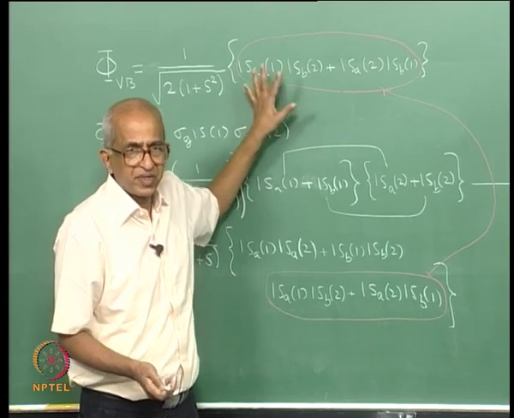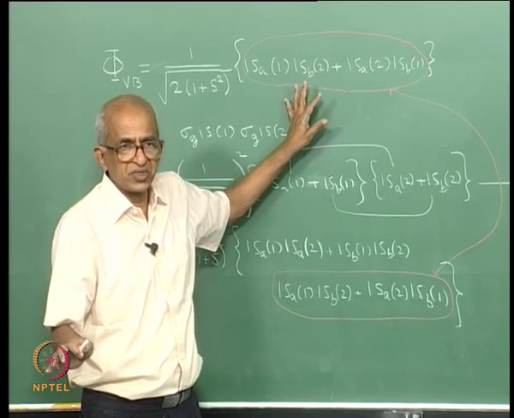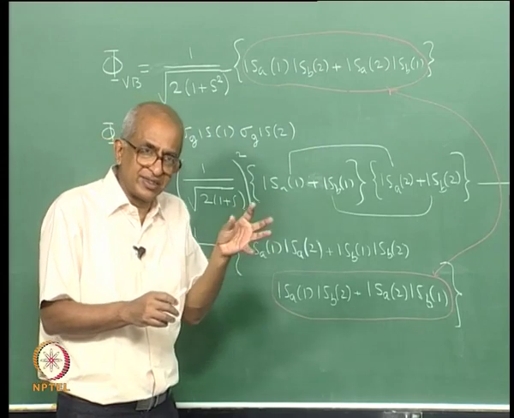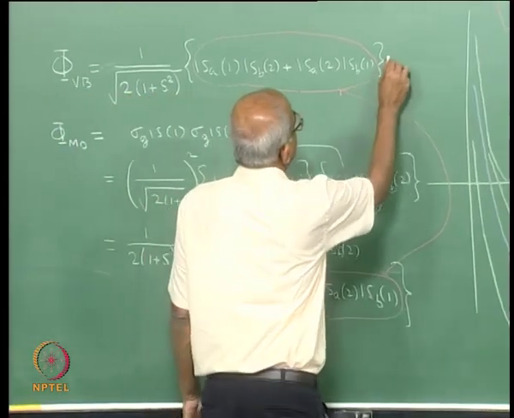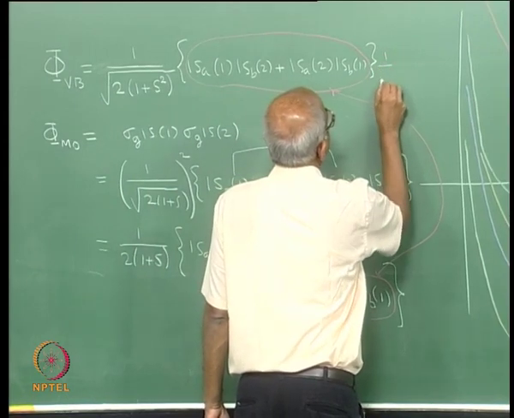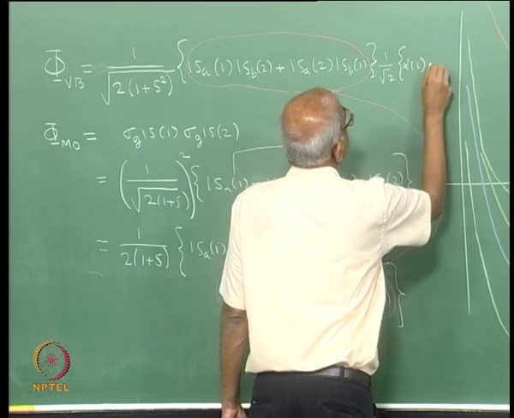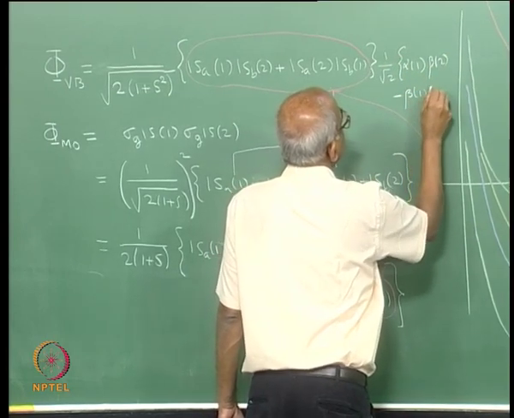And therefore, strictly speaking, the wave function as it starts does not satisfy the Pauli's exclusion principle, but then you can make it satisfy the Pauli's exclusion principle by adjusting the spin part. So, how would the spin part look like? It would be 1 by square root of 2 into alpha 1 beta 2 minus beta 1 alpha 2.